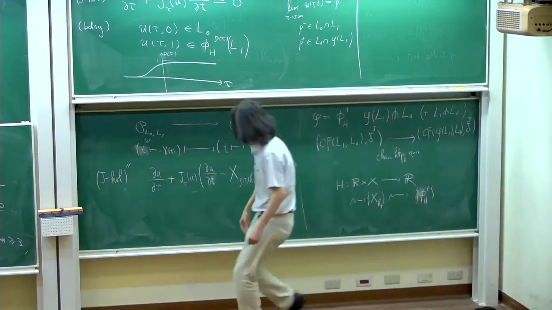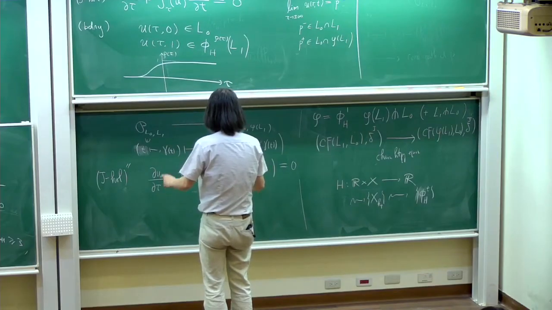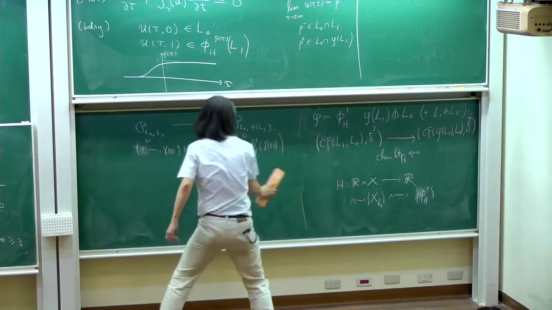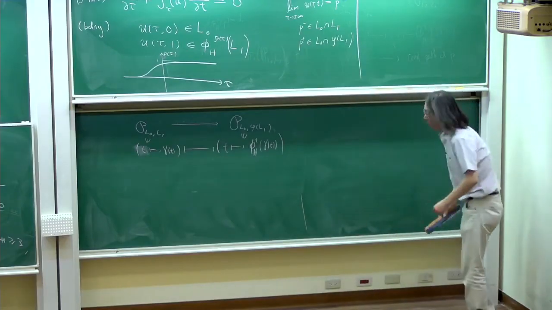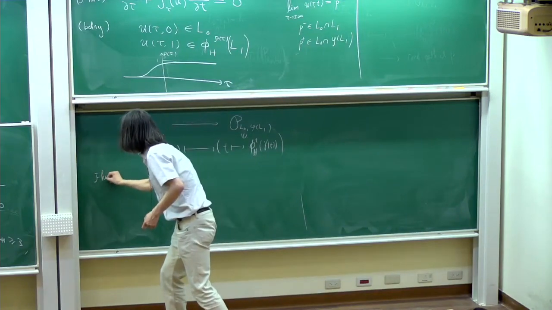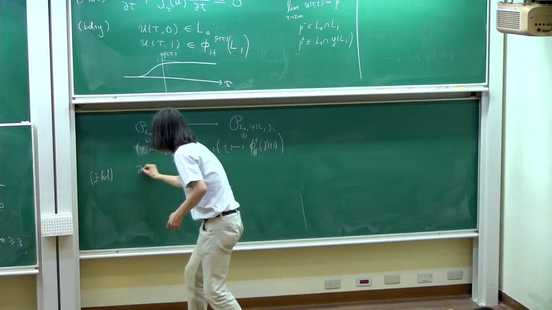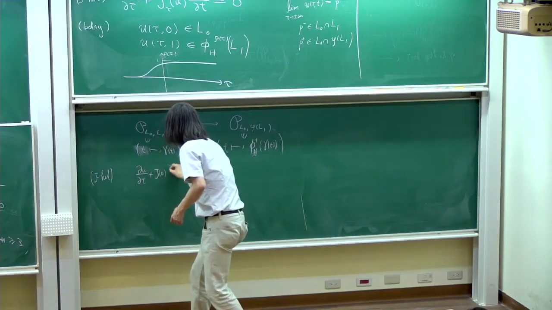Sorry. In this case, I have to do it differently. Sorry, this one is too quick. Yeah, I have to write this equation, but anyway. So here I have just a J-holomorphic map equation, and here I have an equation like du/dτ plus J_u du/dt is equal to 0.